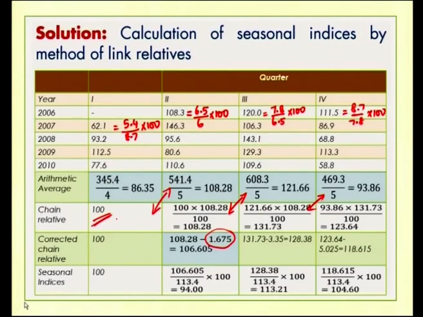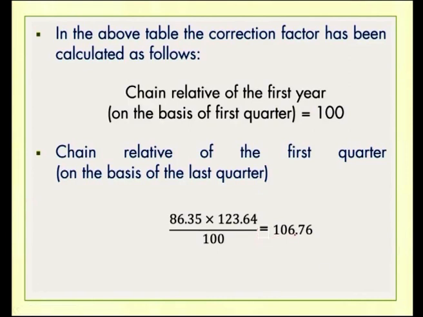That is, 86.35 is the arithmetic average which you have calculated, and 123.64 is the value we have just calculated as the last chain relative. So, according to the formula, the average into the last chain relative divided by 100 gives you a number. That number is equal to 106.76.